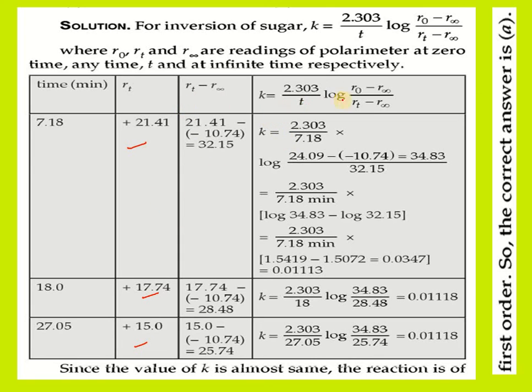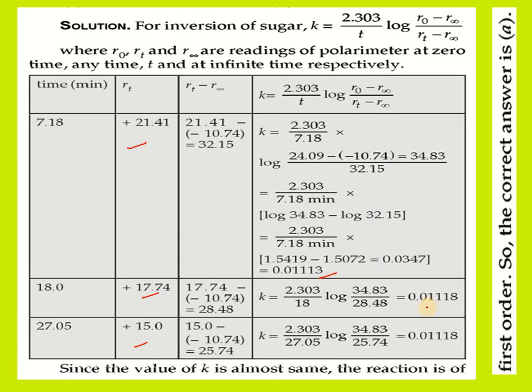So the R naught value minus R infinity value here in the first case is substituted. After substituting the values we got 0.0113 as the rate constant.